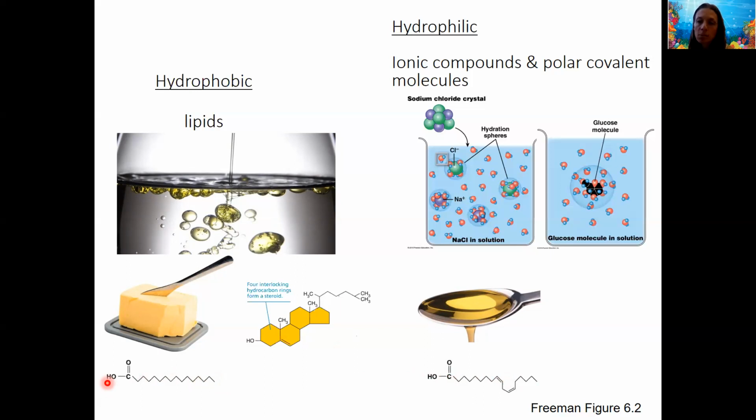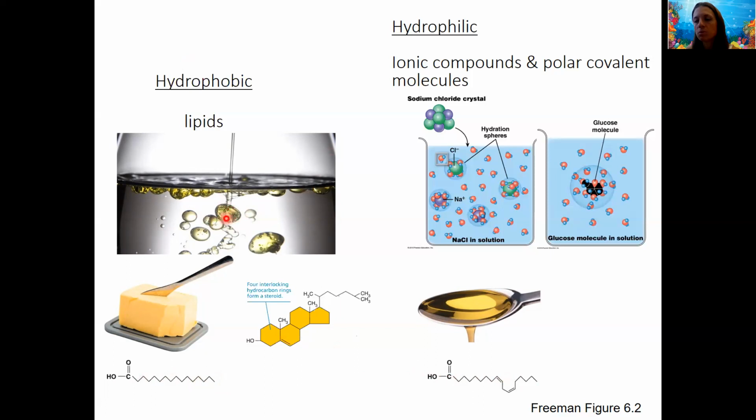So most hydrophobic substances are nonpolar. That means there's no charge to them. Since water is polar, they're not stable together. They stay separate. They don't mix. Oil and water don't mix, right? So here is what that looks like, these lipid droplets. And you've seen this maybe making salad dressing, oil and vinegar salad dressing, or other examples, oil spills, where that oil stays in separate droplets.